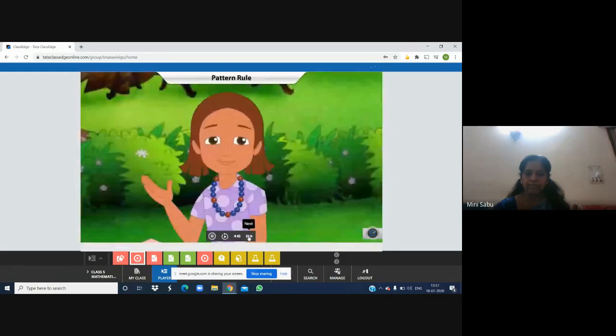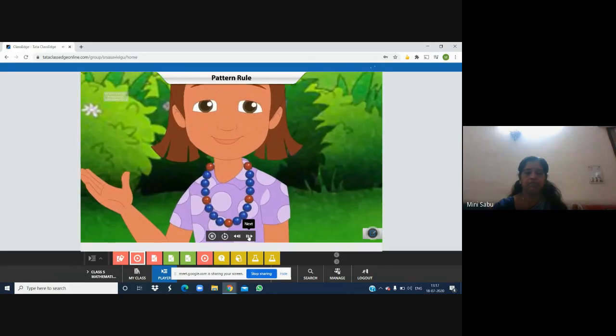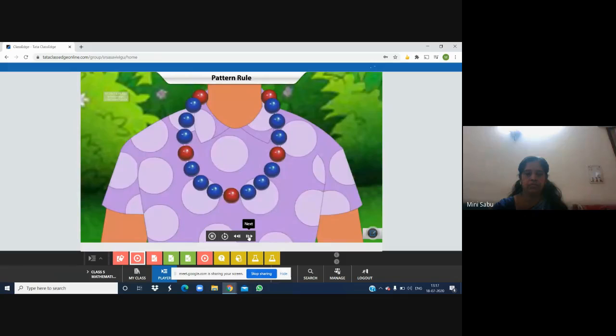Okay. Now look at how the beads in my necklace are arranged. There are many ways in which we can describe this pattern. You could say 3 blue beads followed by 1 red bead. Or you could say 1 red bead followed by 3 blue beads.